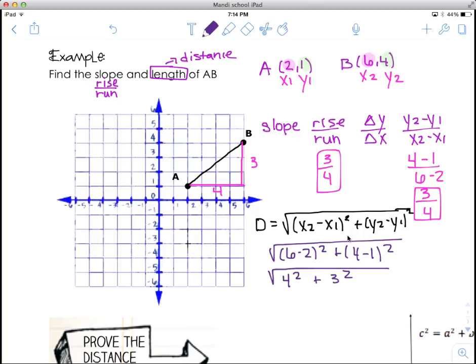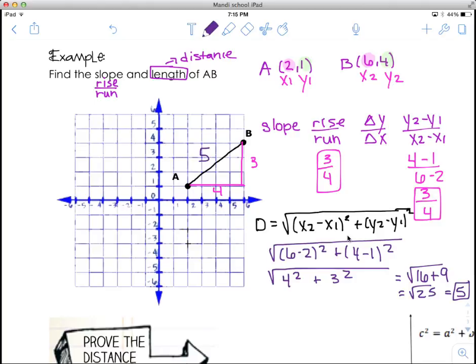So that is the square root of 16 plus 9, which is the square root of 25, which equals 5. So this distance right here that I just highlighted has a length of 5.